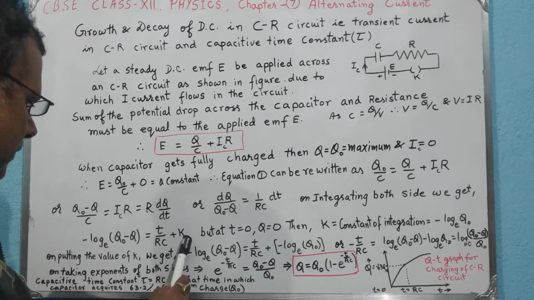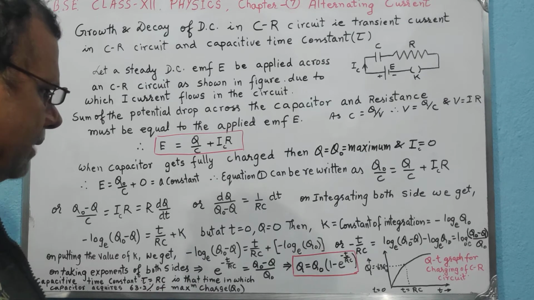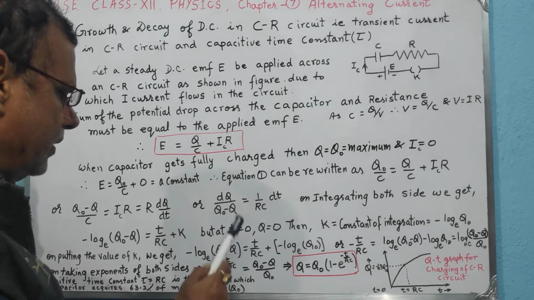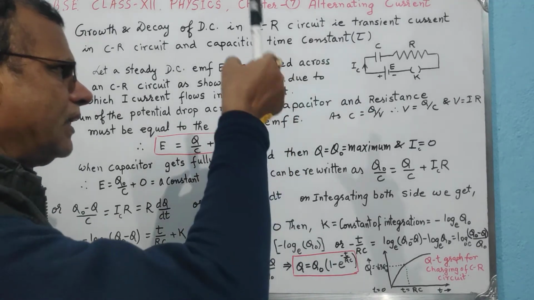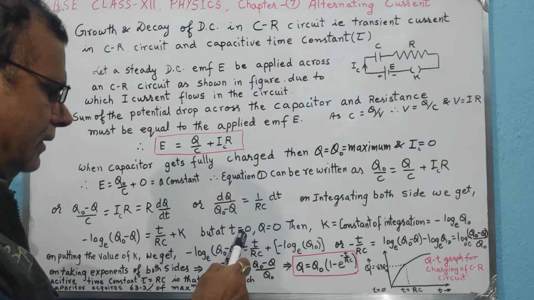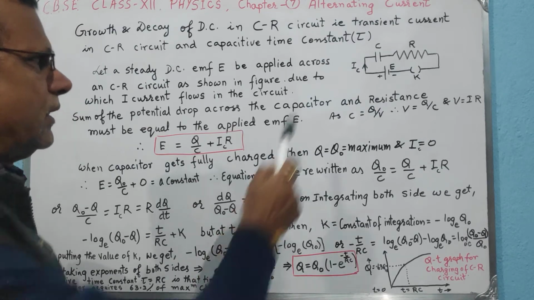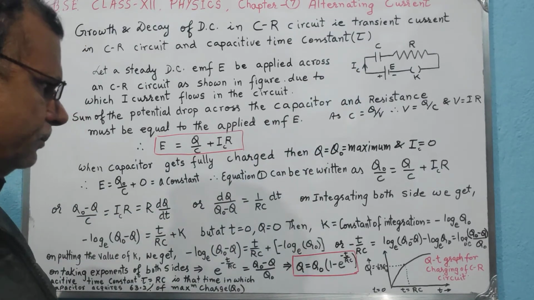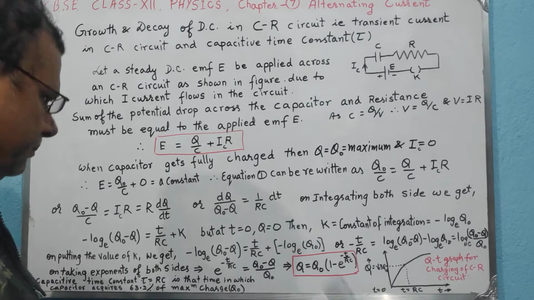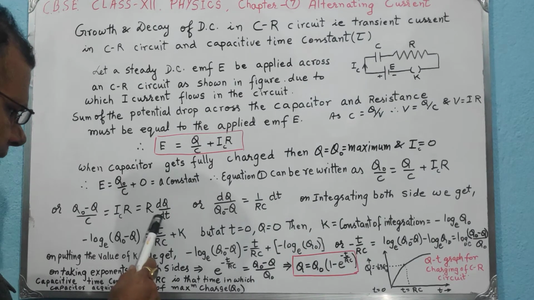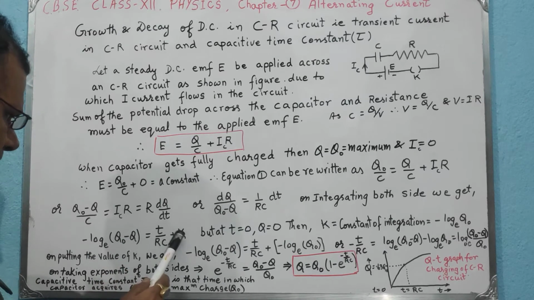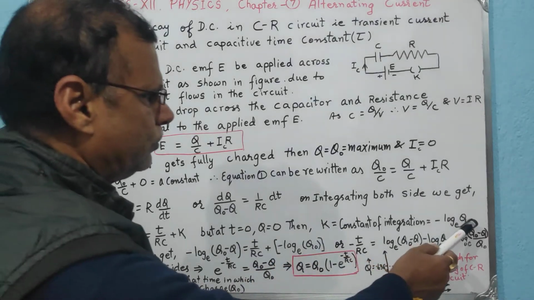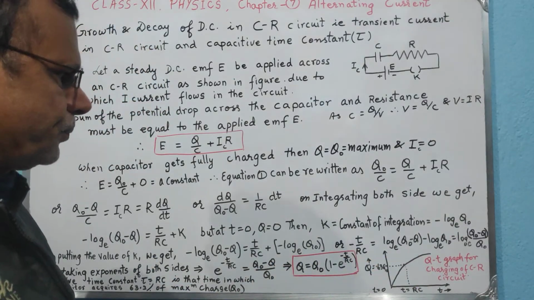Well, the value of the constant can be found when we take the case t equal to 0, means at the time when we are switching on the circuit. At time t equal to 0, the total charge on the capacitor will be 0, so the t term vanishes and Q is 0, so we have k equal to minus log Q0 to the base e.